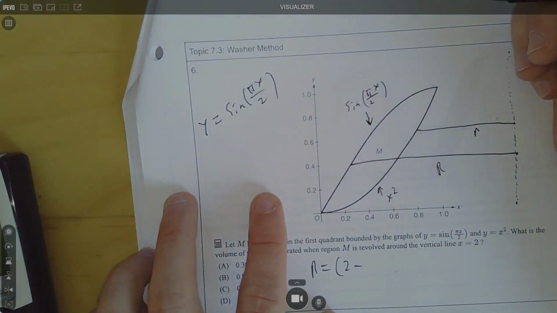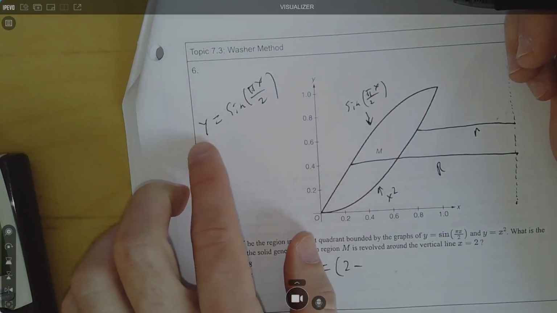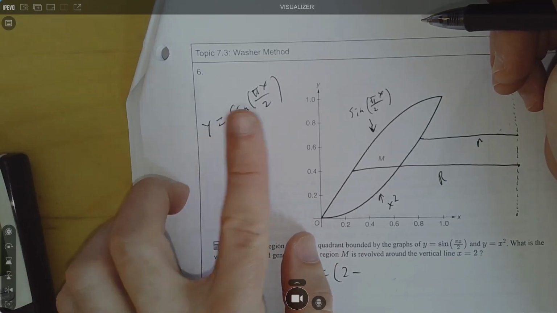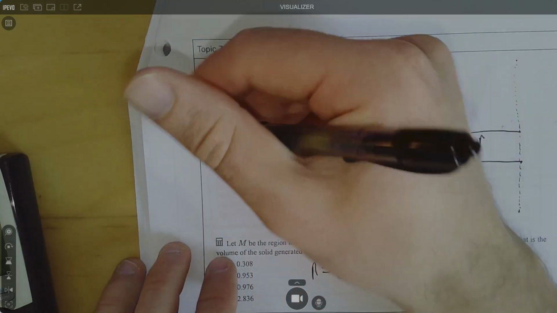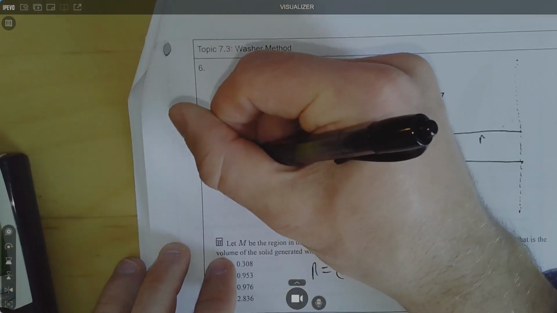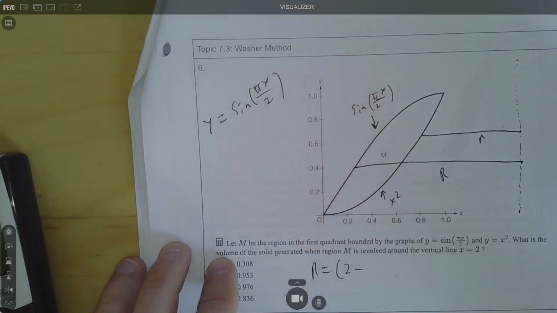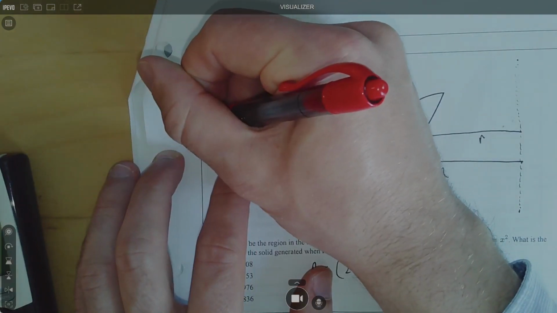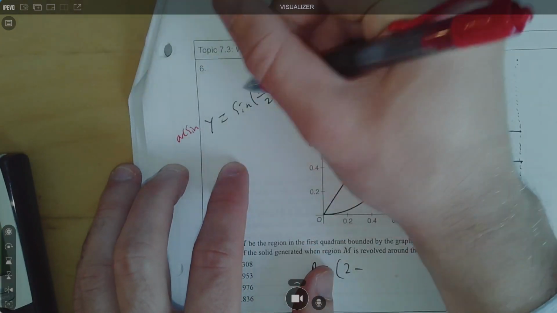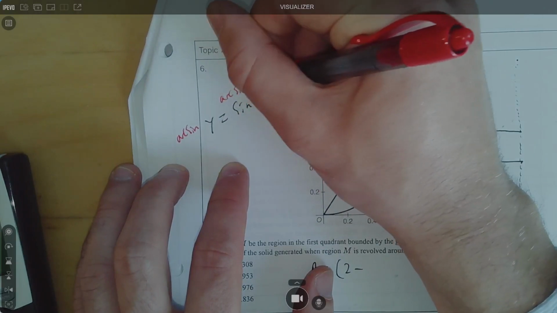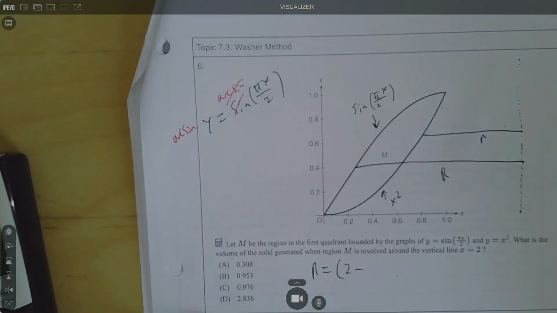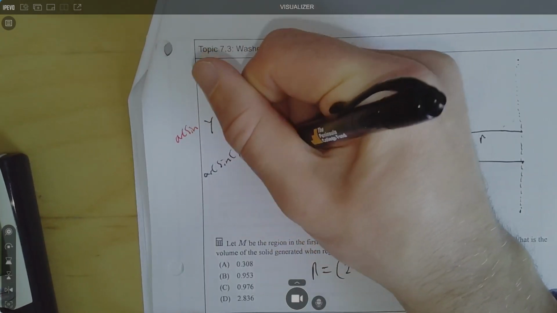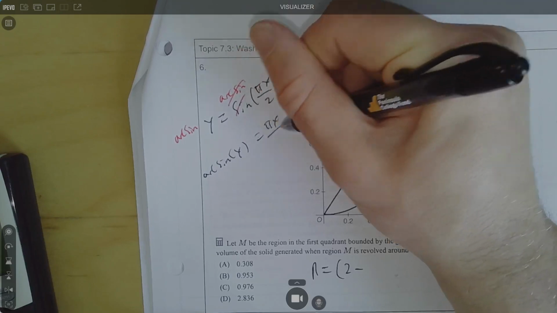I got to get x alone. This is where you would get stuck because you probably wouldn't know how to get x alone here. The way that you get x alone is actually by taking the inverse sine of both sides. The inverse sine is called arcsine. So what you're doing to both sides is you do arcsine both sides. When you arcsine sine, sine cancels. So now I have arcsine y equals pi x over 2.